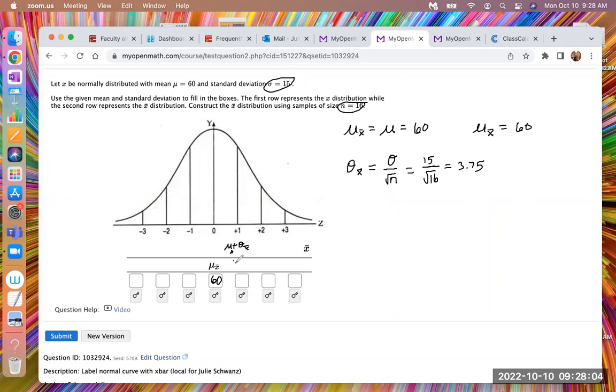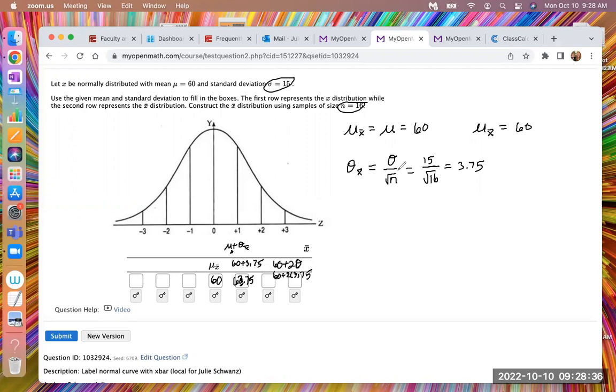So this is 60 plus 3.75, so it's going to be 63.75. And then this one is just going to be the mean plus 2 standard deviations. So 60 plus 2 times 3.75.